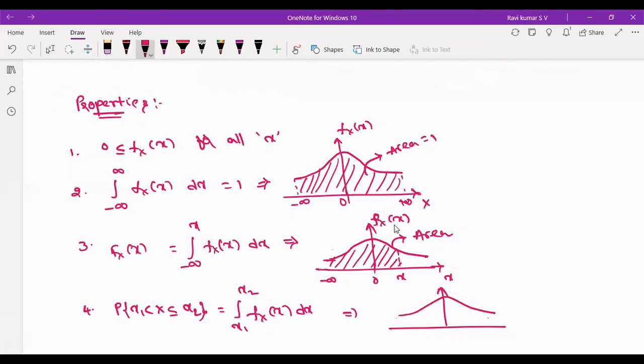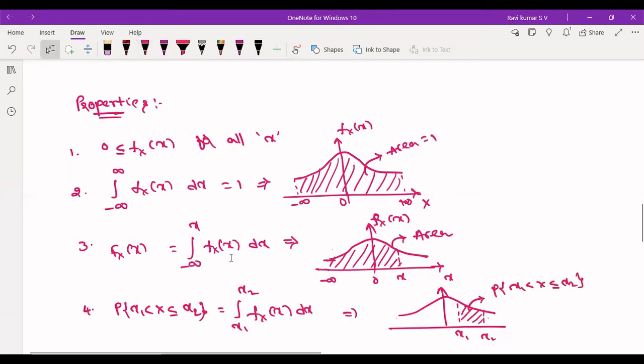Here the given limits are only positive values. So I can take this one as x1 and this one as x2, and the area under this curve from the limits x1 to x2 will give the required probability of x1 less than x less than or equal to x2.